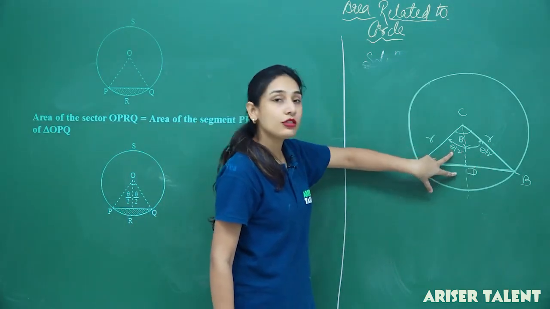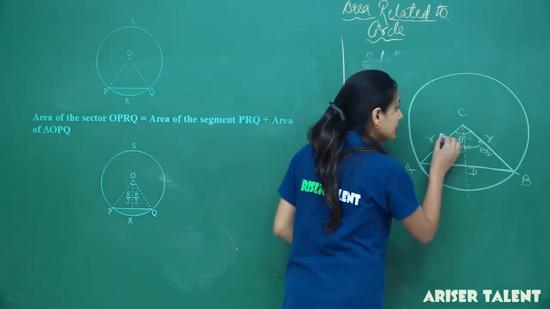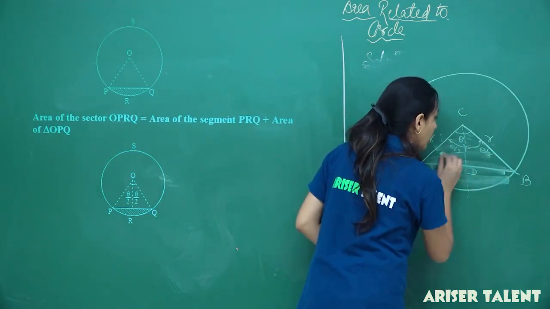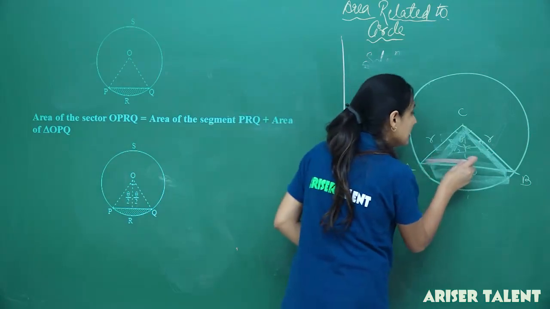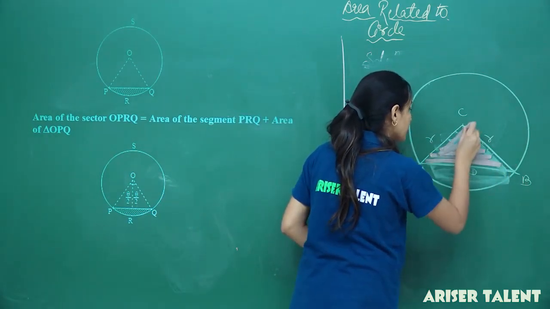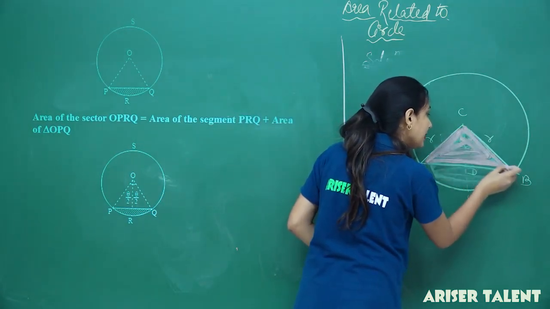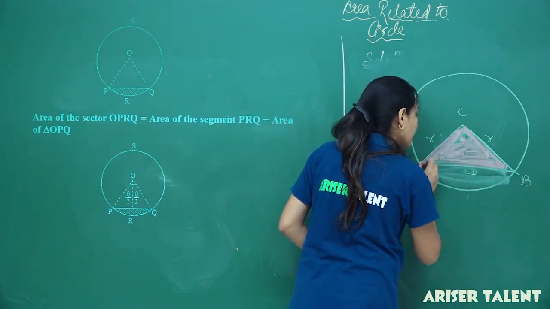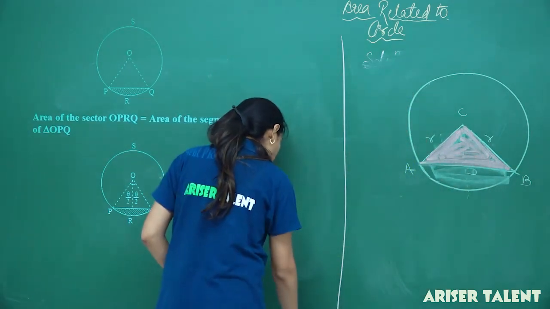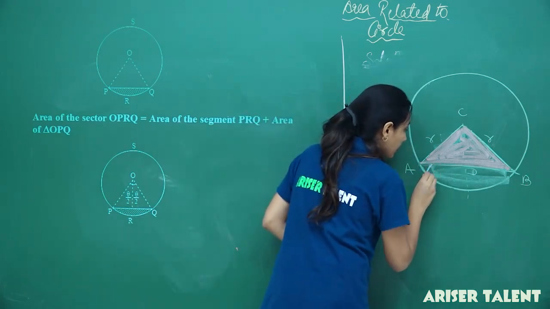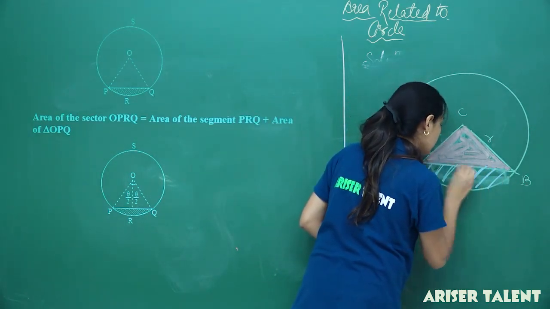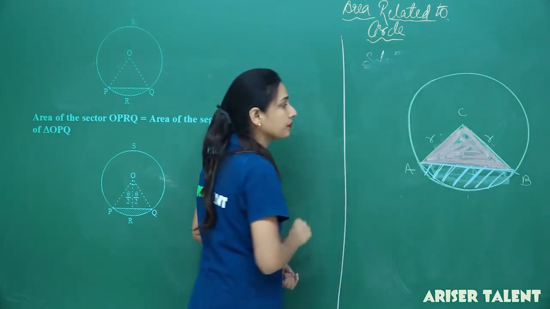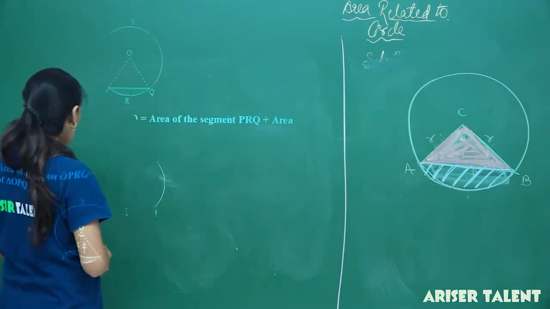If you minus these two, if you are having this area, okay, and you are subtracting this area from that, you are subtracting this area, complete area, this is a triangle. So if you are subtracting this angle, what will be having? This area only. So this is same thing I am going to do. This is the same thing. Now how?